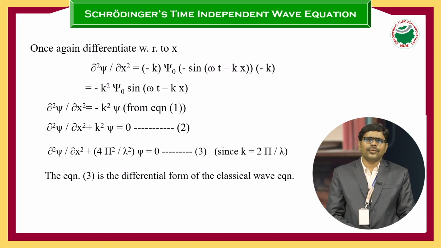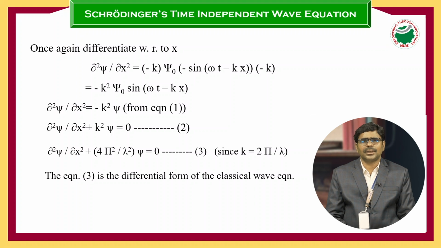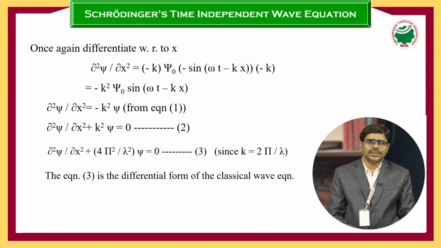We know that we consider the wave function ξ equal to ψ₀ sin(ωt − kx), which is replaced with ξ. Then d²ξ/dx² is equal to −k²ψ. This minus k square term goes to the other side: ∂²ξ/∂x² plus k²ψ is equal to 0.